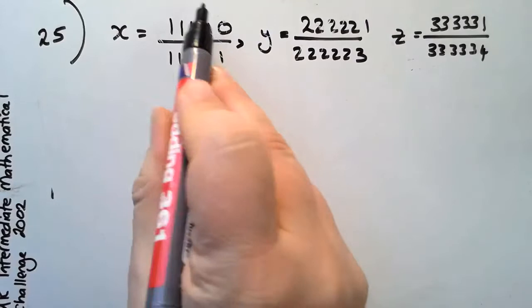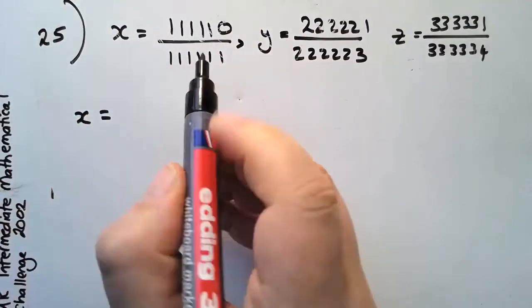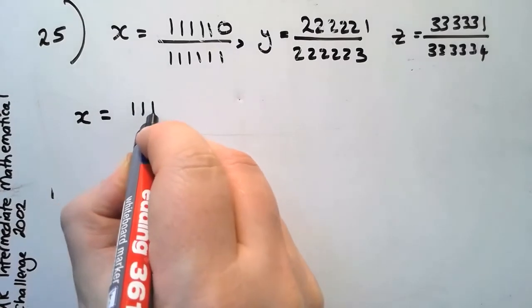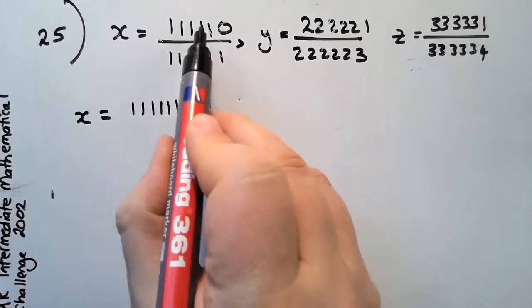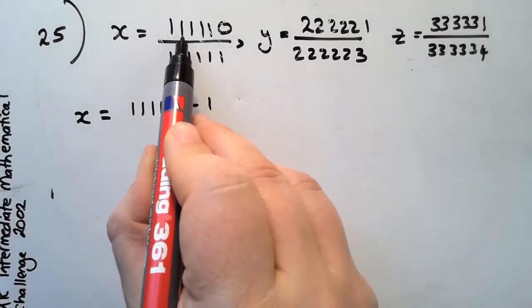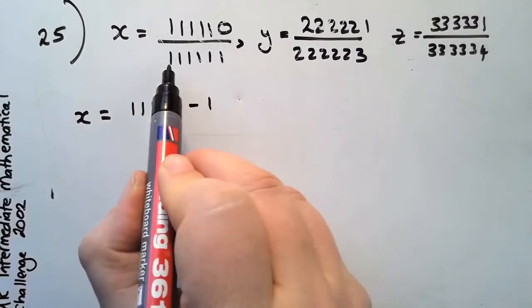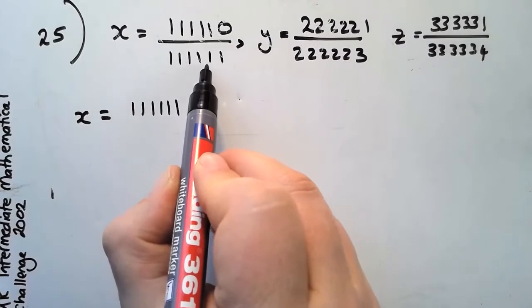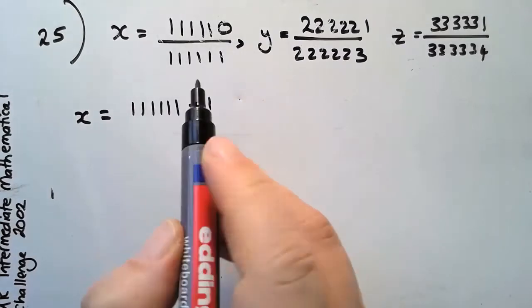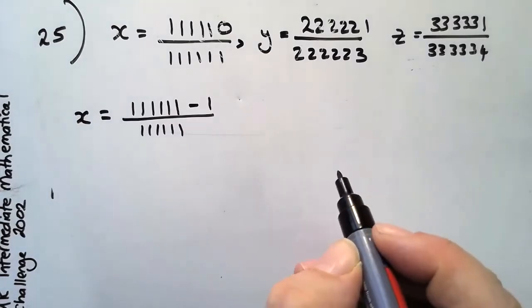We can write x as this denominator subtract 1, because 111,110 is 111,111 subtract 1, all over 1,111,111.